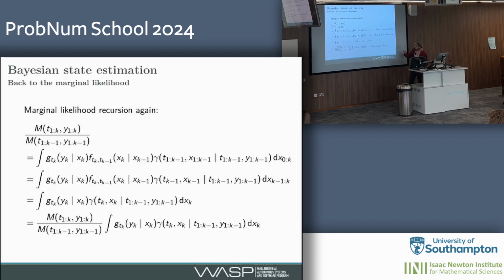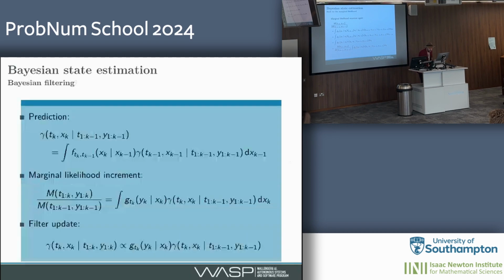And in order to complete the recursion for the marginal likelihood, we're going to need a recursion for the filtering and prediction densities. But we kind of have that now. So essentially the result is as such. We take our filtering density at k minus 1, and then we form the one-step-ahead prediction by integrating against the transition density.